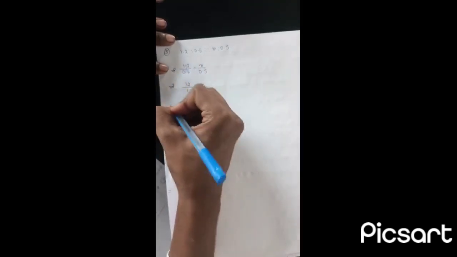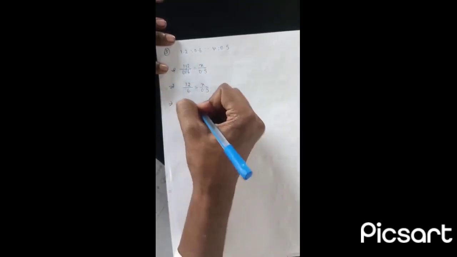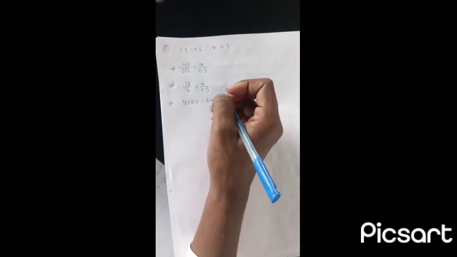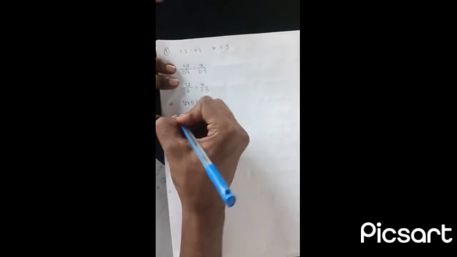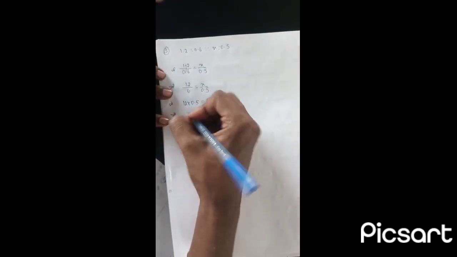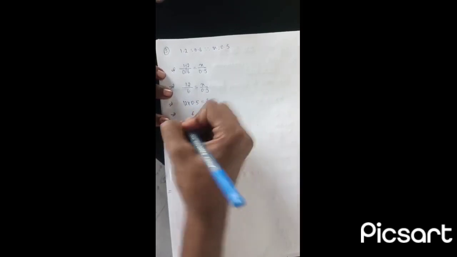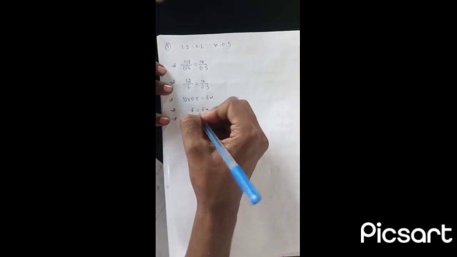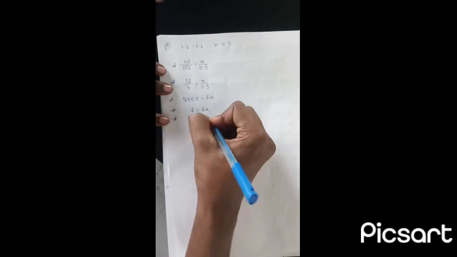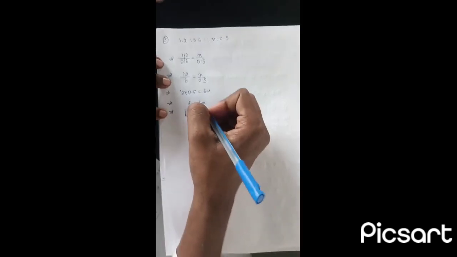From here 12 into 0.5 equals 6x, so 6 equals 6x, and we get x equal to 1.